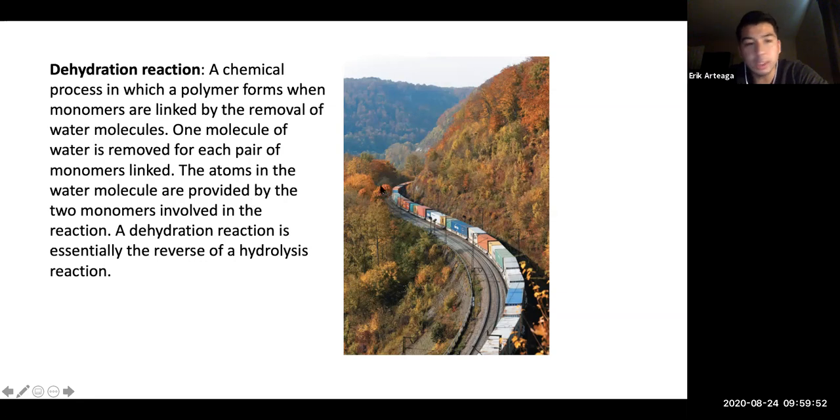Okay, so the dehydration reaction is going to be linking individual monomers together, right? Just like this train is linked together. Each of these cars is a monomer, we'll pretend. And them being linked together will make that polymer, okay? So think of each of these individual cars as a single glucose molecule, and this whole train is going to be starch, right?